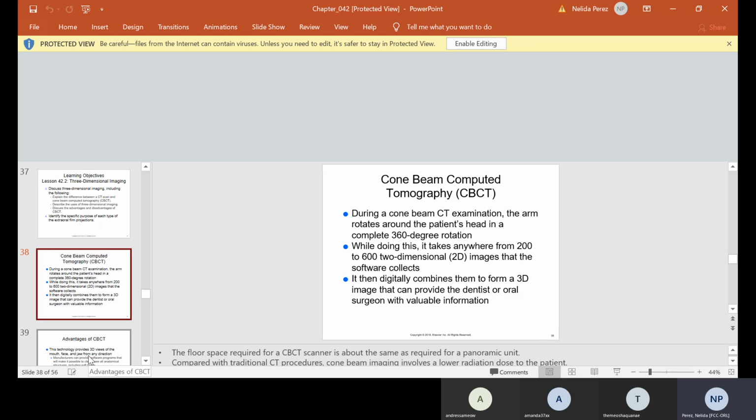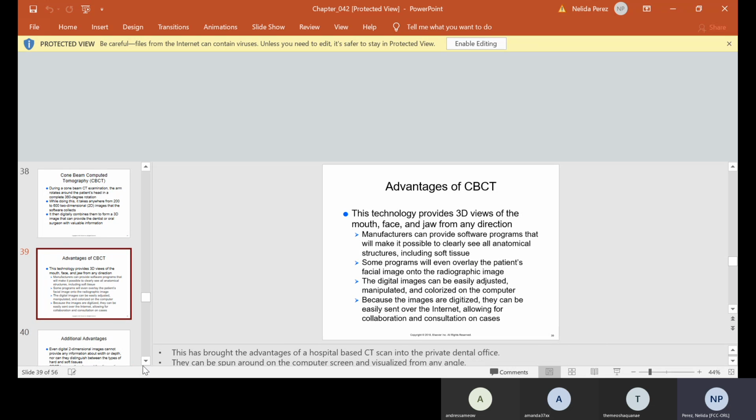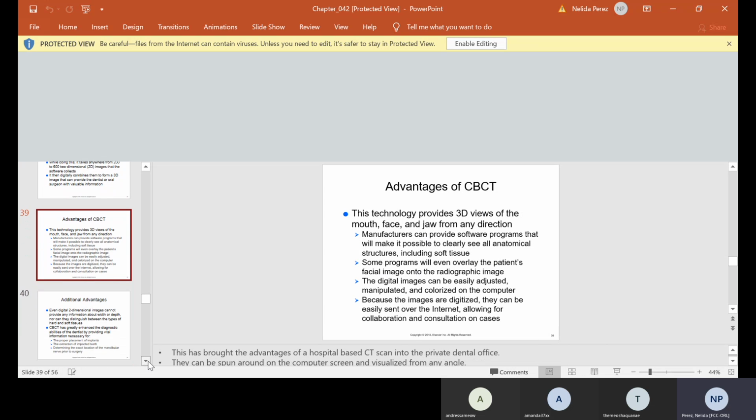A lot of times we even send the patient to the oral surgeon because usually they're the ones that have this machine. So if we really need to see something on the CBCT, then we give them a referral. We just don't tell them, hey, go to the oral surgeon and walk right in. Everything has to be by referral basis.